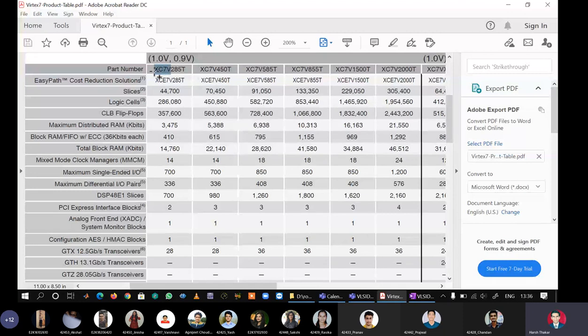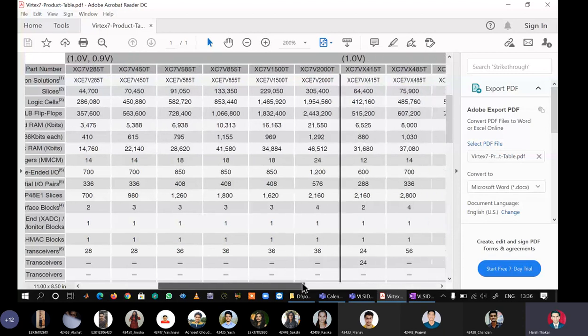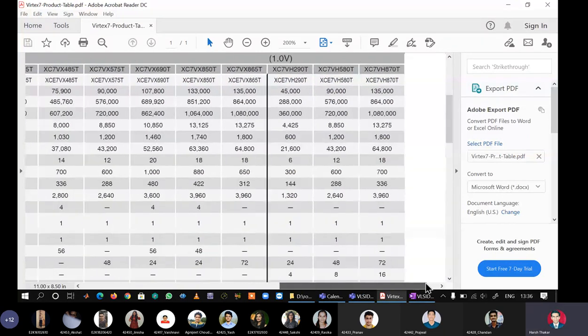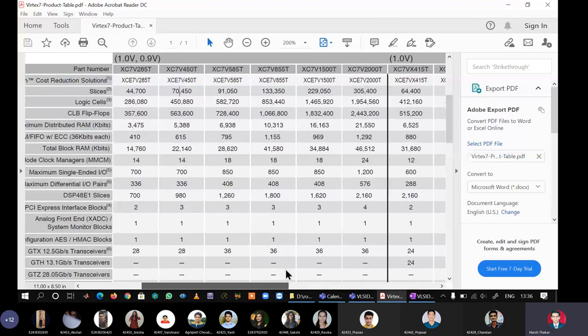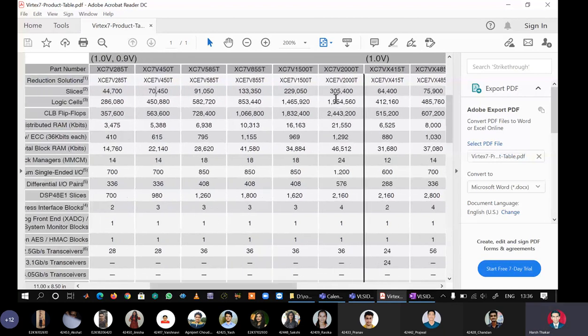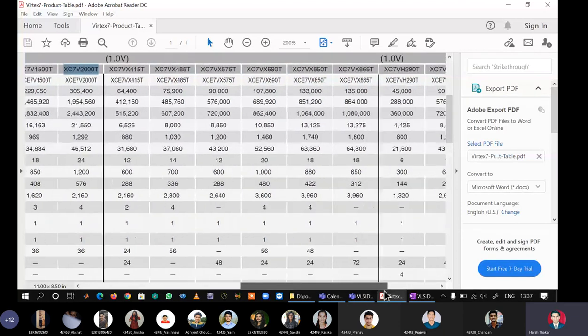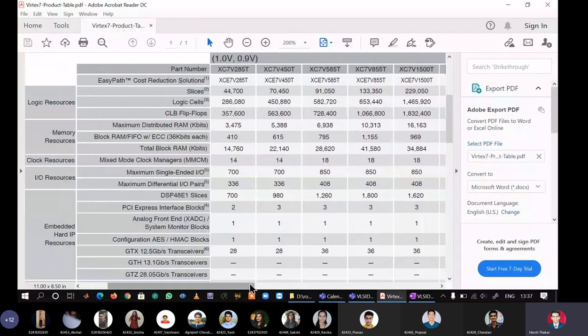So XC stands for Xilinx Corporation, 7V stands for Virtex 7, XC7V 450T, XC7V 585T, and the column represents the devices. If we see the densest FPGA, XC7V 2000T, this device particularly contains 24 lakh 43,200 CLBs.